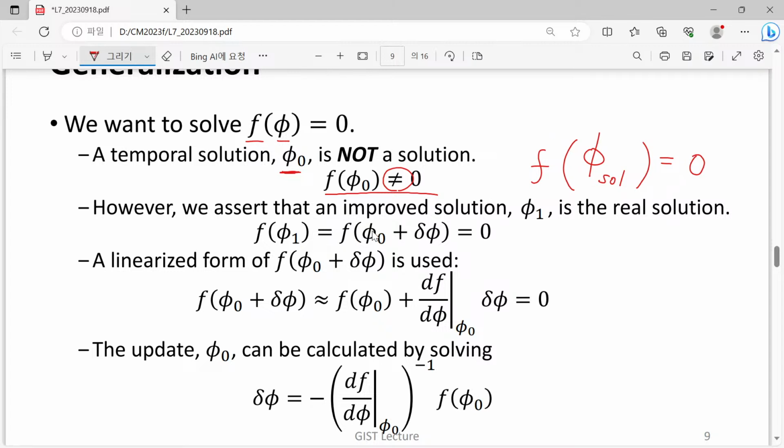However, we assert that if we add delta phi to phi naught, then once again we hope that this phi 1 is good enough. So as we did, with phi 1 the solution is found and it is simply given by this form.